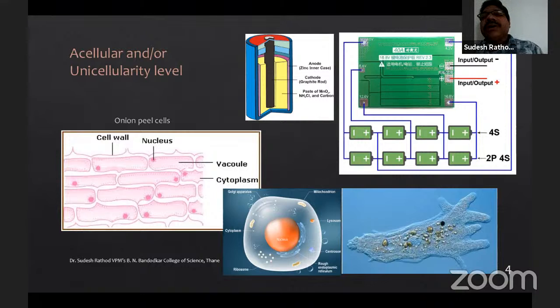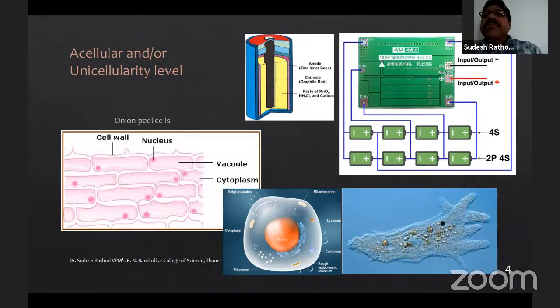On the right side of the cell, you will find the battery. People usually call a cell a battery, but it is not a battery. A battery is an arrangement of cells in different forms, maybe serial or parallel arrangement.